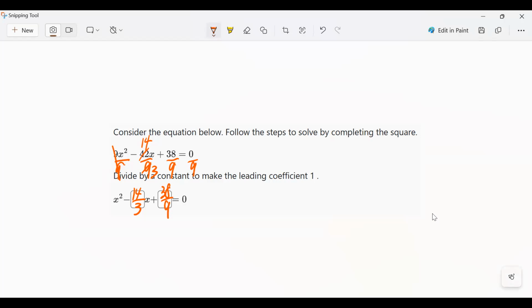Now, typically, it's easier if you subtract 38 over 9 from both sides of the equation. Cancel that. So basically, we end up with x squared minus 14 over 3 x equal to minus 38 over 9.